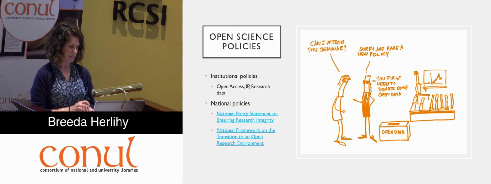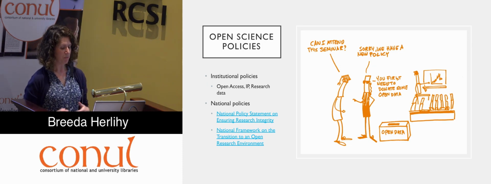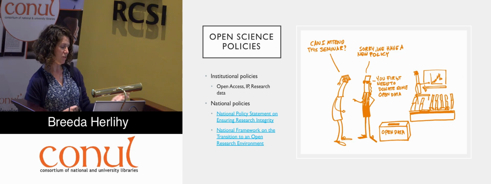And open science policies, I'll skip through these last few slides very quickly, sorry. So open science policies, obviously they're the strategies and actions aimed at promoting open science principles and at acknowledging open science practices. Obviously they are generally instigated by research performing institutions and research funders, and maybe the institutions you work in.